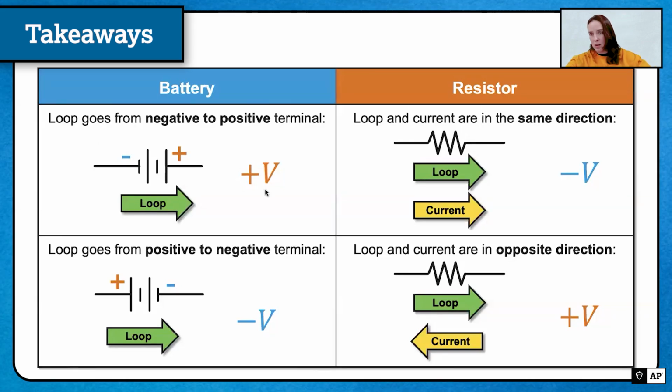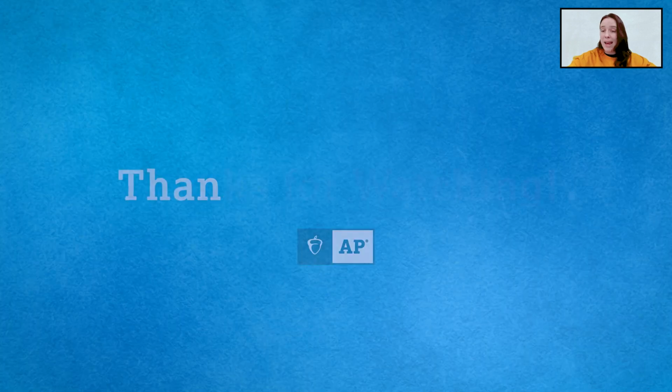It's helping you along your loop. If you're going from positive to negative, you get a negative voltage contribution. It's holding you back. If you go through your resistor in the same direction as your current, you get a voltage drop. And if you go through the resistor in the opposite direction that you drew your current, you get a voltage gain. And that's it.